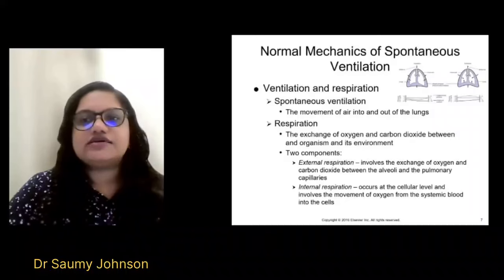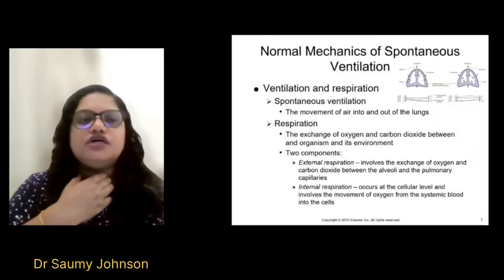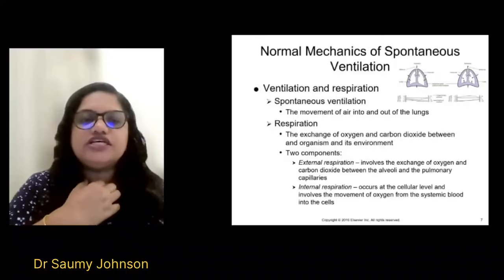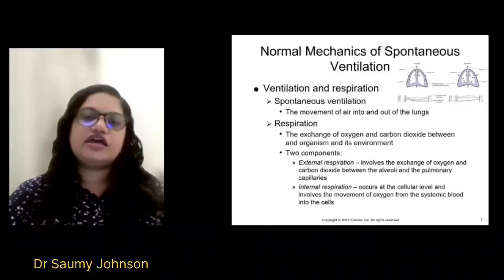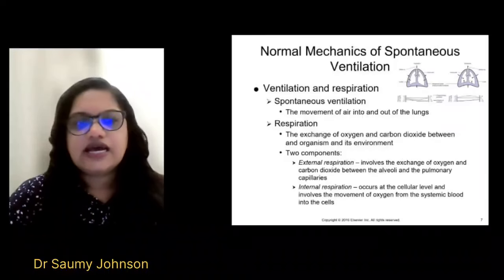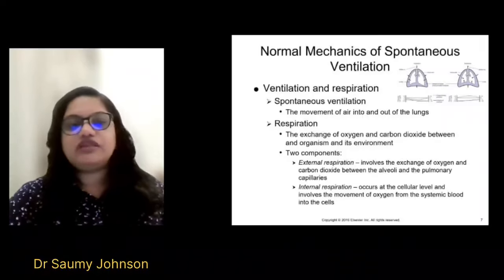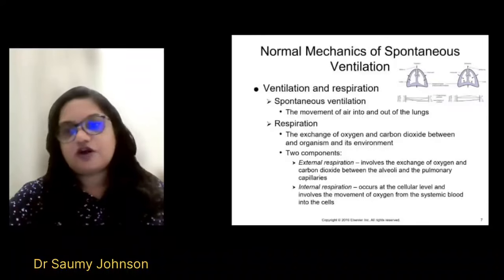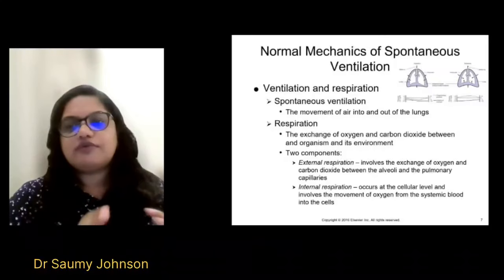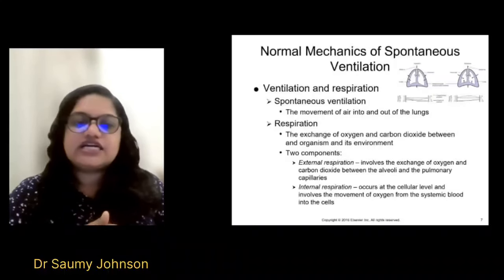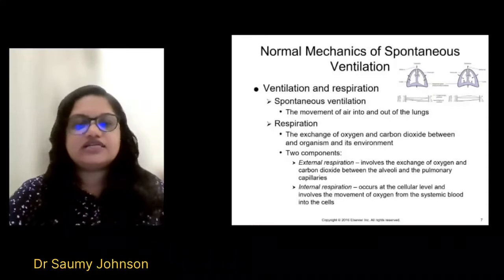Let us discuss the normal mechanics of spontaneous ventilation. Spontaneous ventilation is the movement of air into and out of the lungs, and respiration is the exchange of oxygen and carbon dioxide between the organism and its environment. There are two components, external respiration and internal respiration.